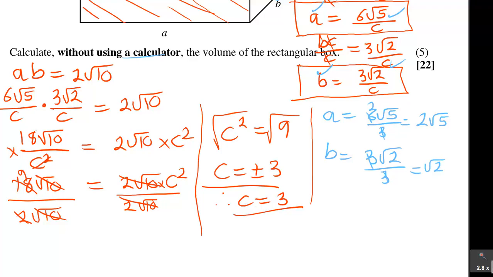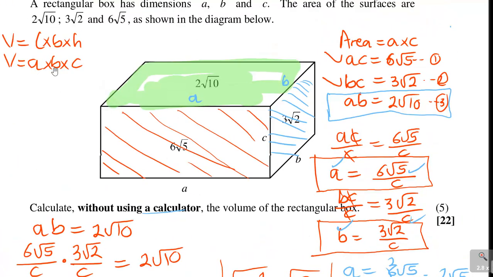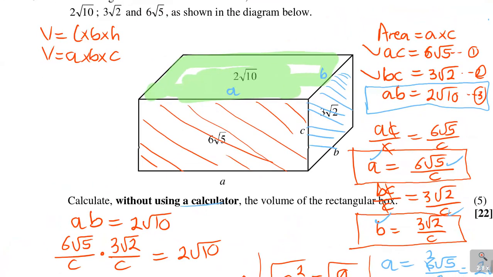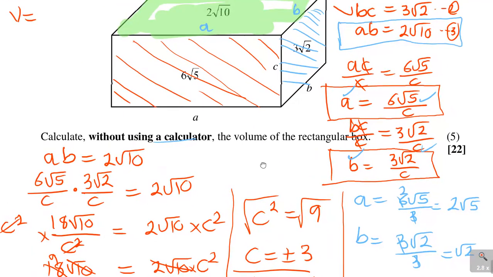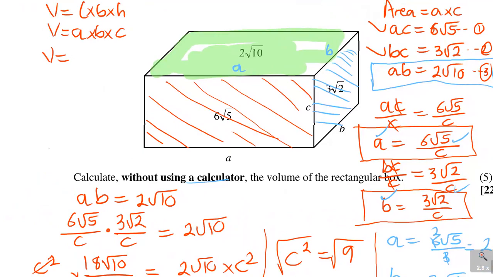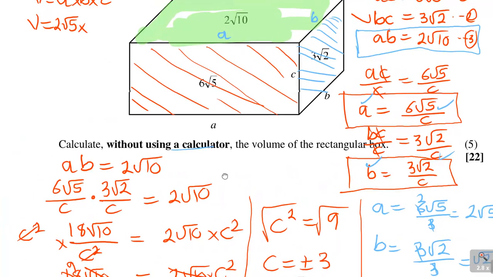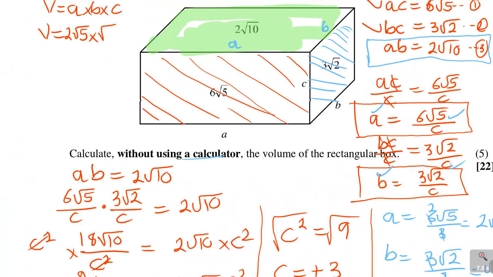Now the formula, remember what the formula we said, V is A times B times C. So when we substitute now, V will be equal to the value of A, which is 2 root 5, times the value of B, which is root 2, times the value of C, which was 3. So for V, they said without using a calculator, but you can now use a calculator for this.